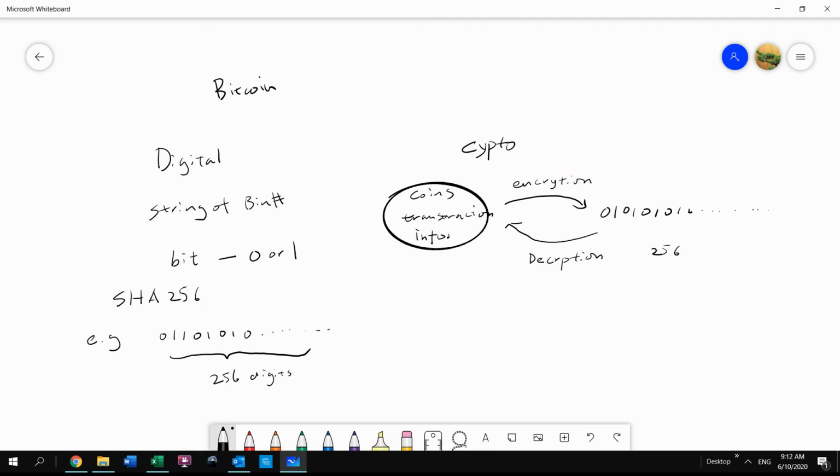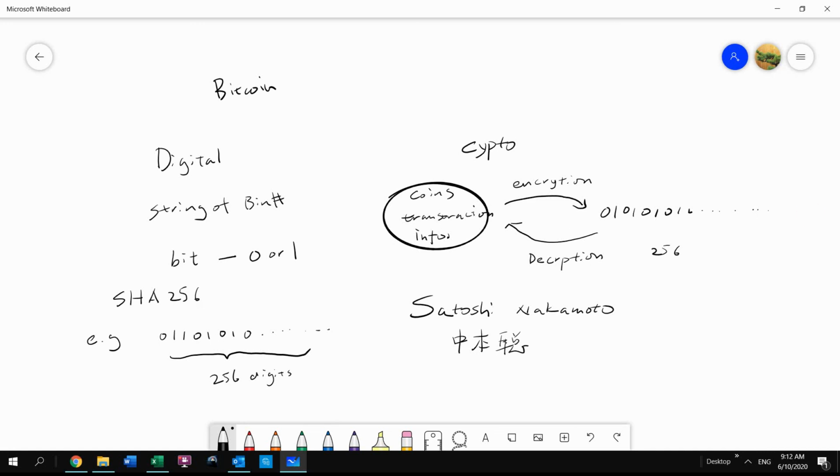And Bitcoin was invented by a person or an individual or an entity. His name is Satoshi Nakamoto. That's a Japanese name, so that's how you write his name in Japanese kanji.